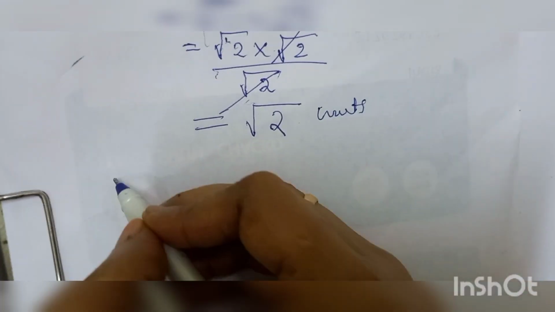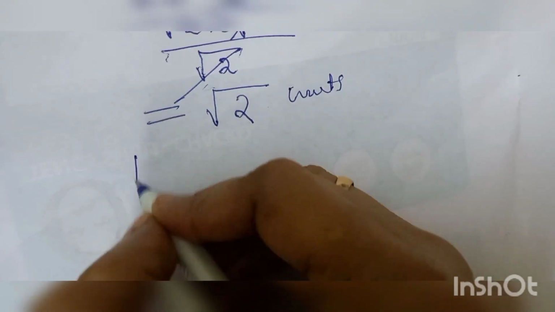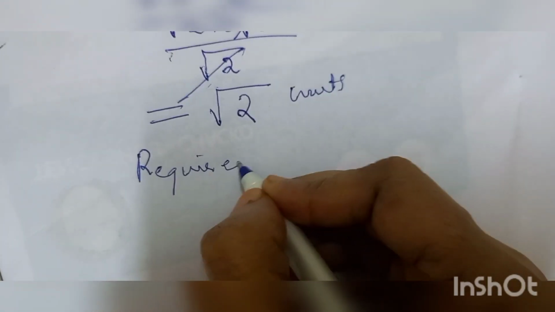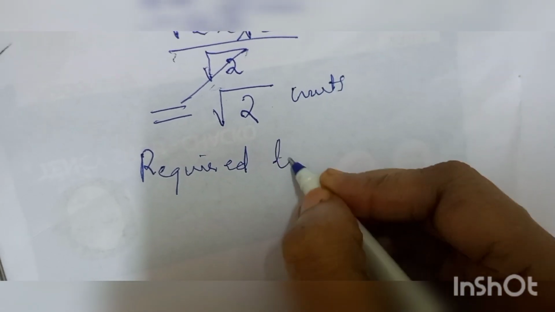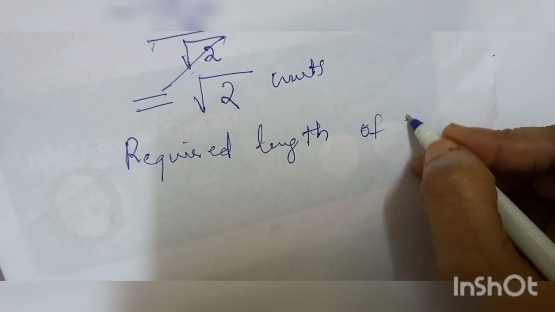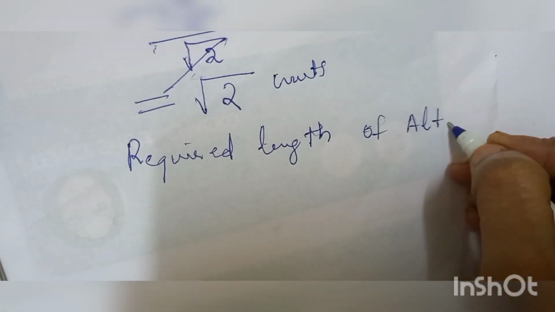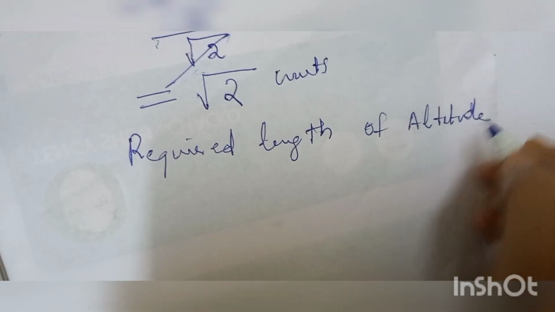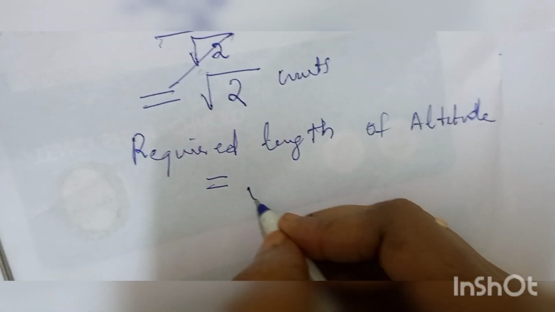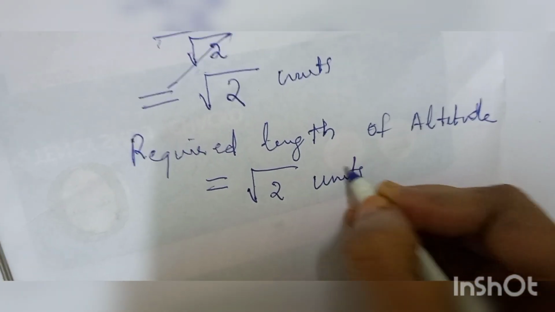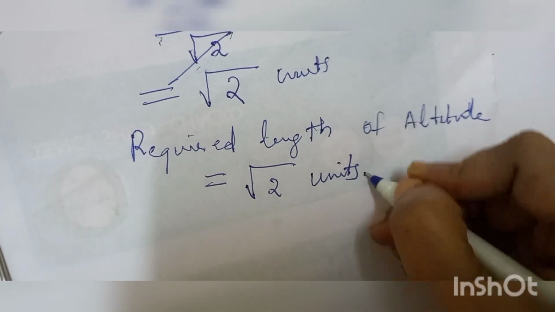So the required length of altitude is equal to root 2 units. Okay, is it clear for you?